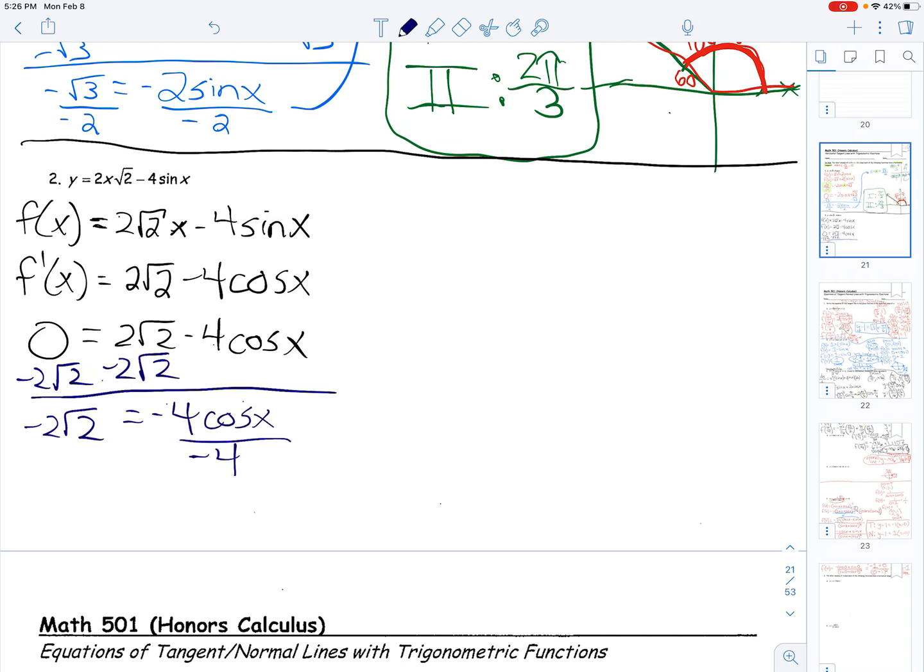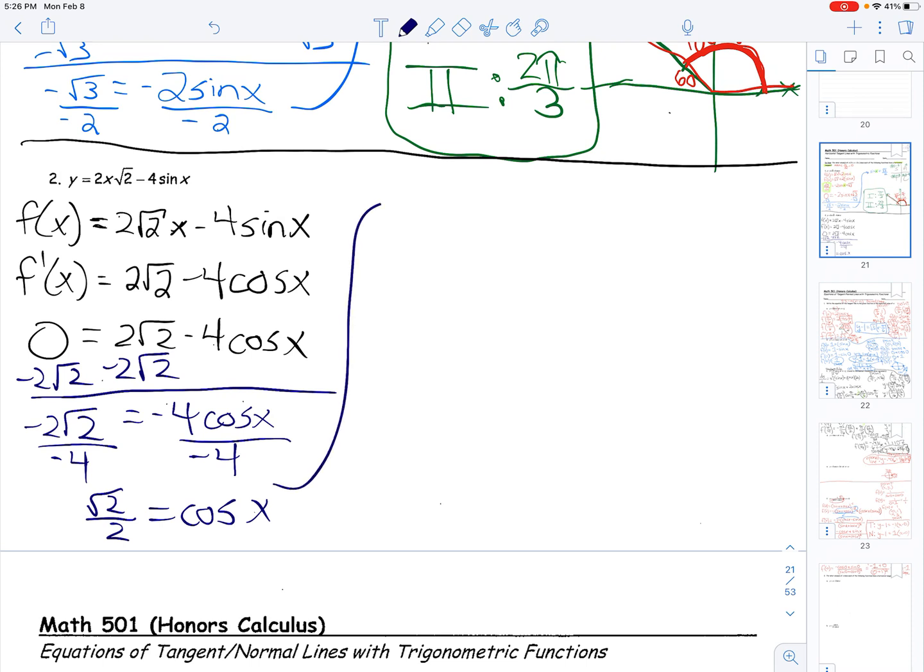So same deal. It's a linear trig equation. We're going to isolate for cosine of x. Subtract 2 radical 2 from both sides. Divide both sides by negative 4.